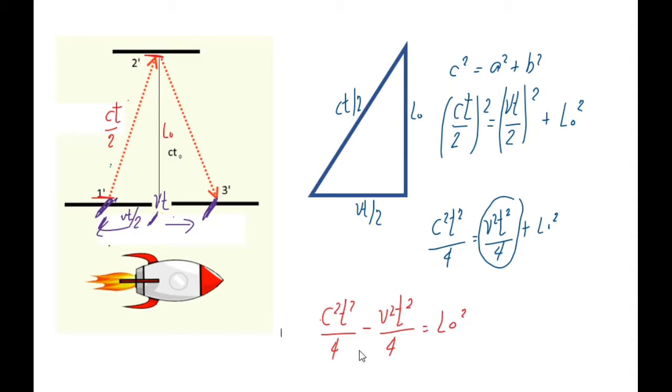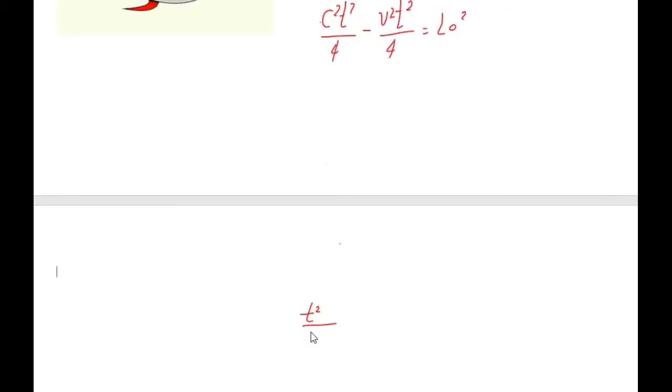Okay? So here, as you can see, we can factor out t squared. Pati yung 4, we can already factor out. And then what we have would be c squared minus v squared. So let's continue solving this one. Now factor out t squared divided by 4. Then we have c squared minus v squared is equal to L naught squared. Again, our aim is to get an expression for time.